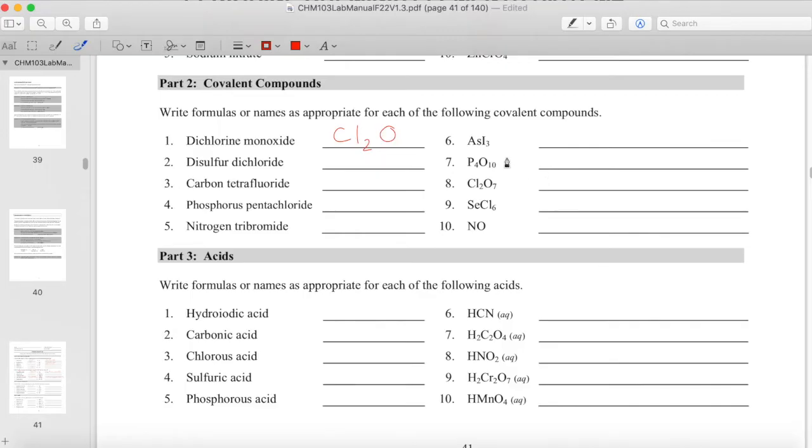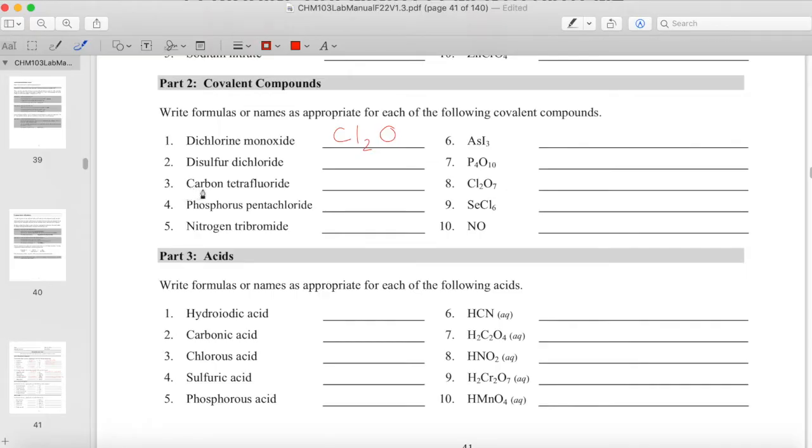Now a quick note here about the mono prefix. If your second element has to have a prefix, so if there's only one oxygen, you have to say that it's mono. Your first element occasionally will not have a prefix to it. That just means that there's one of that element.